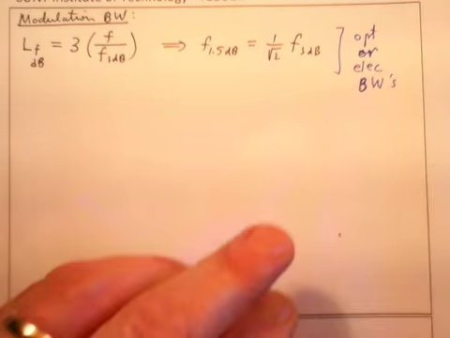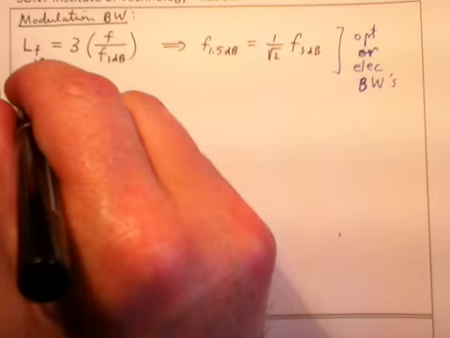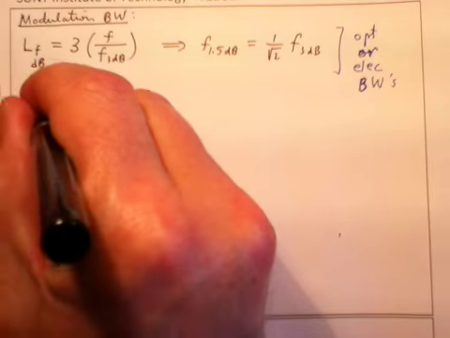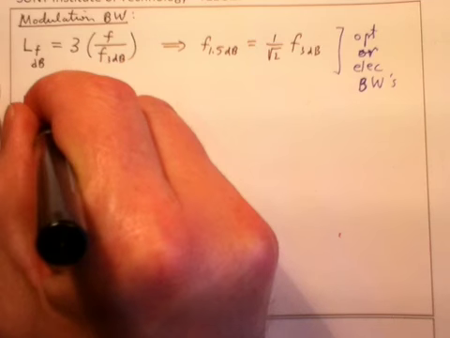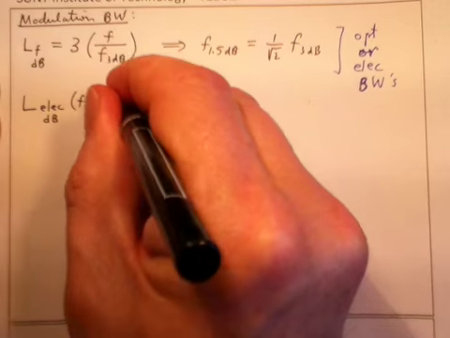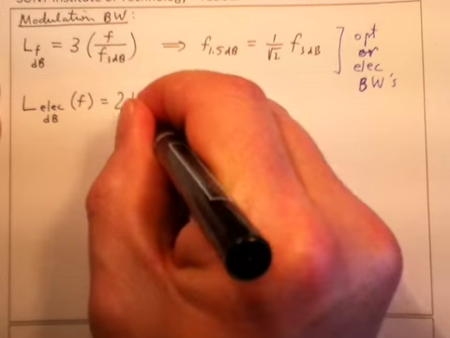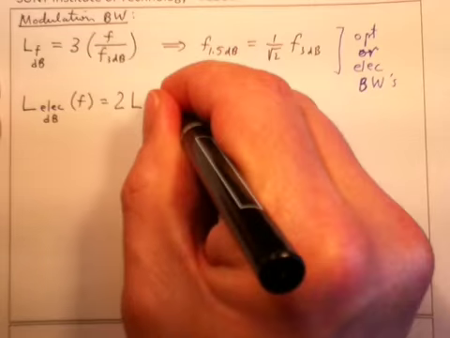Okay, and then to convert between the two types, the electrical dB frequency-dependent loss is twice the optical dB frequency-dependent loss.